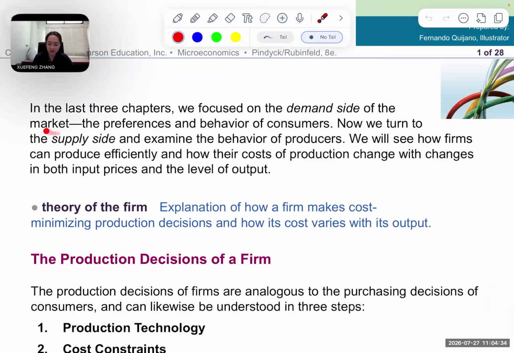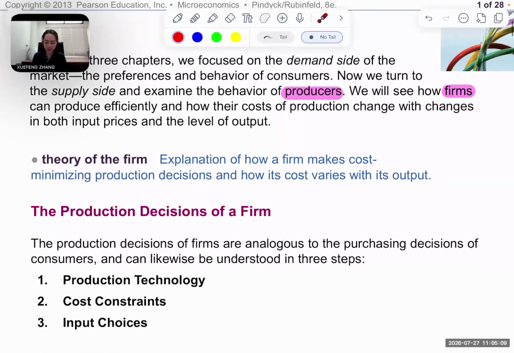Okay, so we've been on the demand side, which is consumer, right? Now we switch to the supply side, producer, right? Or firms. So here I showed you that we will see how firms can produce efficiently and how their cost of production change with changes in both input prices and the level of output.